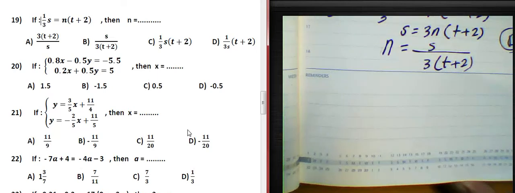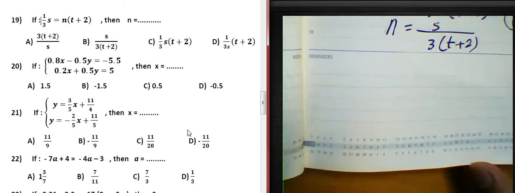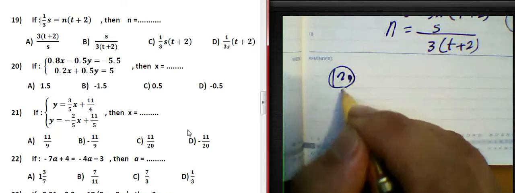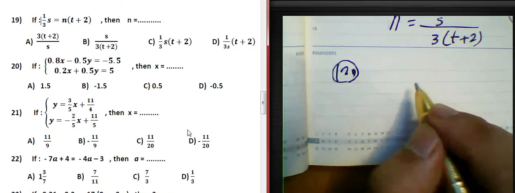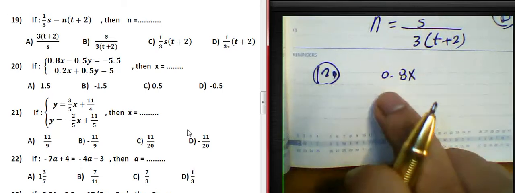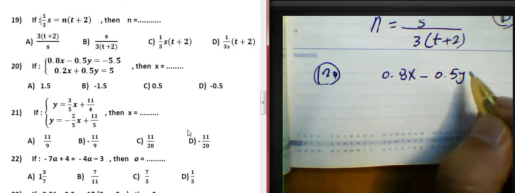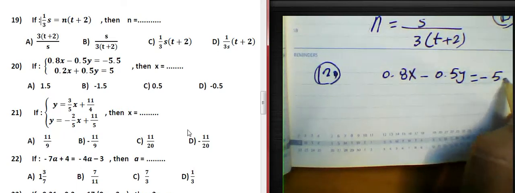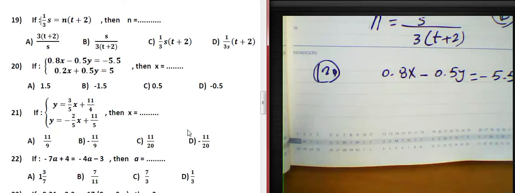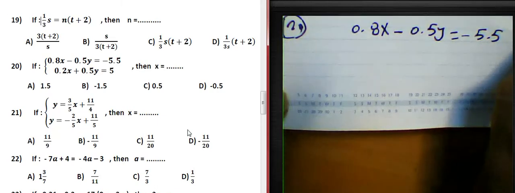We have two equations in question 20, and we want to find the value of x. Look with me. 0.8x subtract 0.5y equals negative 5.5. We can multiply by 10 to cancel the decimal point.